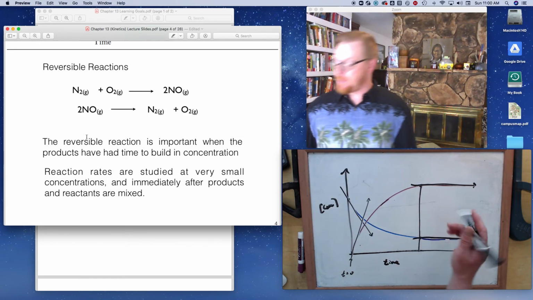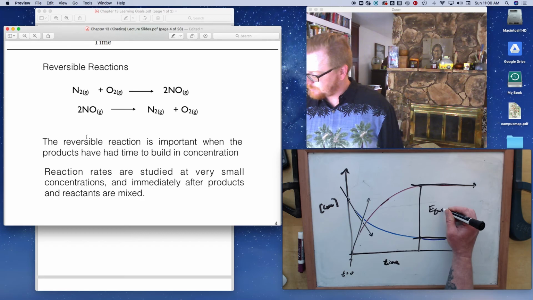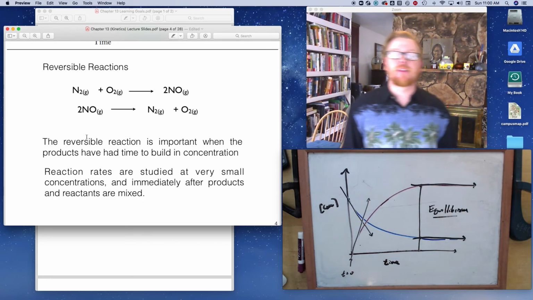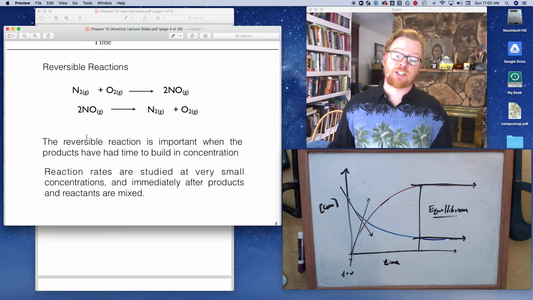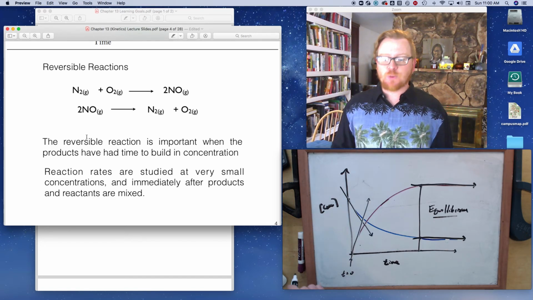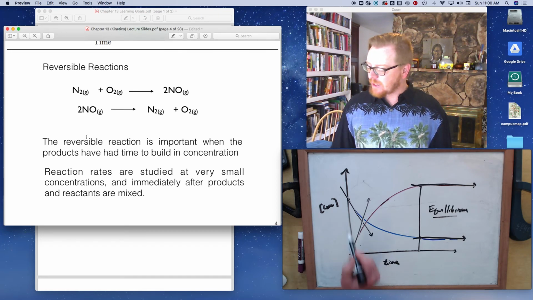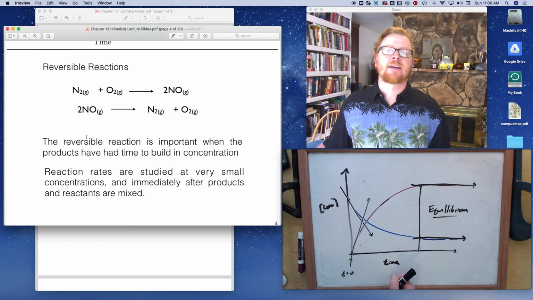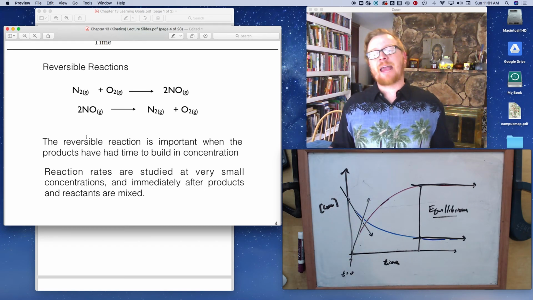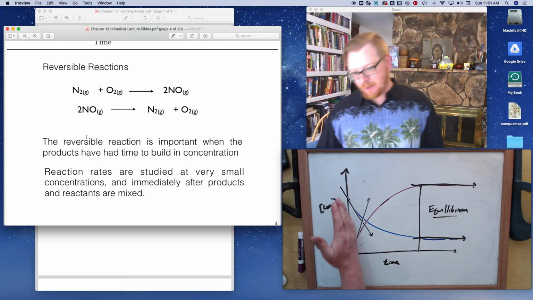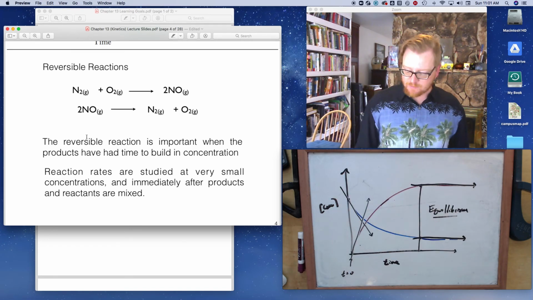So equilibrium is occurring right here, okay? And so then the reverse reaction is actually fairly important at that point. So that's why when we're studying kinetics and we're trying to quantify or calculate reaction rates, we like the instantaneous initial rate. All the same, it's still not totally accurate when we want to compare across the whole time sequence.